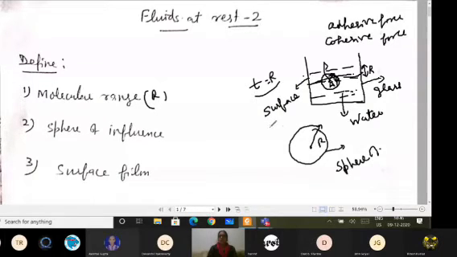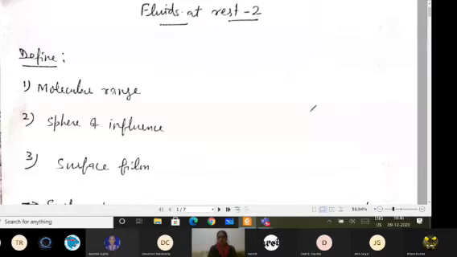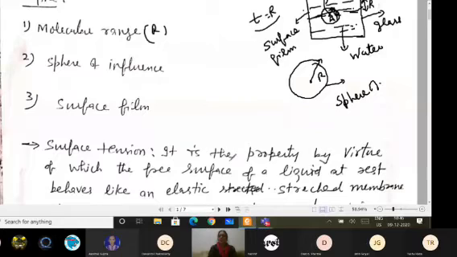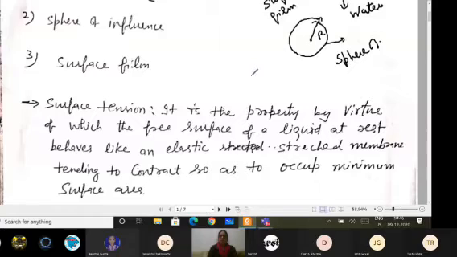So these are the three definitions which we will be using very frequently. Keep these three definitions in your mind, and then we can move ahead. Now, taking this liquid in the container, you must have observed that if we ask you to put an iron needle, which is actually heavy, but you put it gently, you can put it on the upper surface.